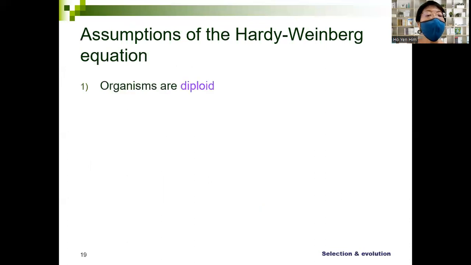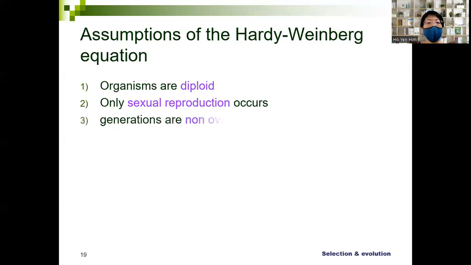So recap, the assumptions of the Hardy-Weinberg equation: organisms are diploid, that means you have a pair of alleles that code for the phenotype, and they reproduce sexually. Generations are non-overlapping, so when you take a reading from this generation and take another reading maybe 10 years later, we take it as the next generation. Usually this assumption doesn't really happen, right?